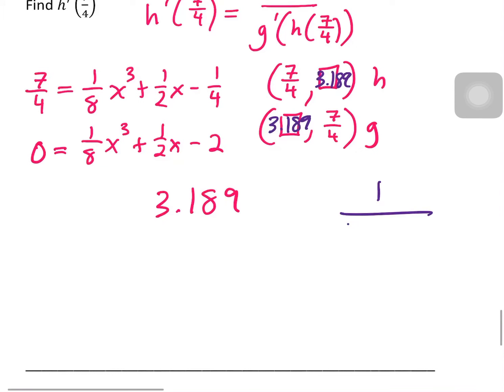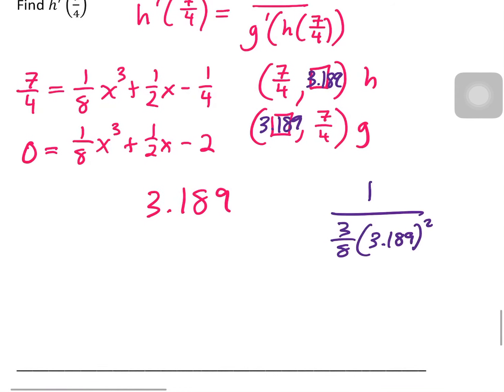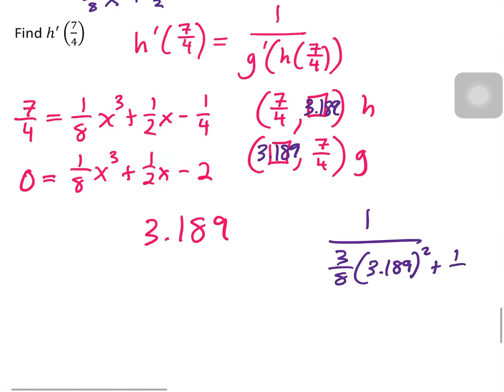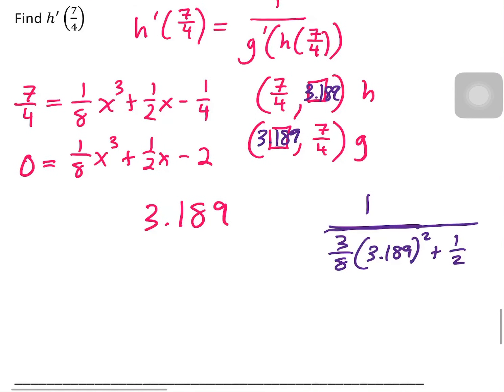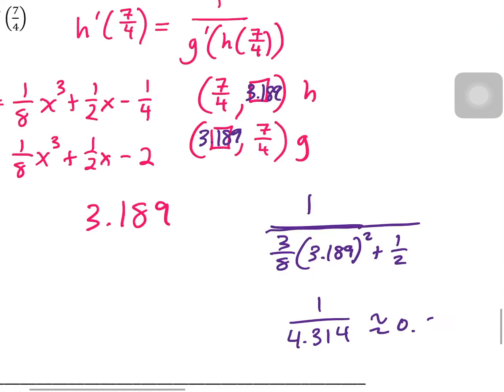So it would be 3/8 times that number squared plus 1/2, provided I didn't make any mistakes. 3.189 squared times 3/8 plus 1/2 is 4.314, so 1 over 4.314, and that ends up being roughly 0.232.